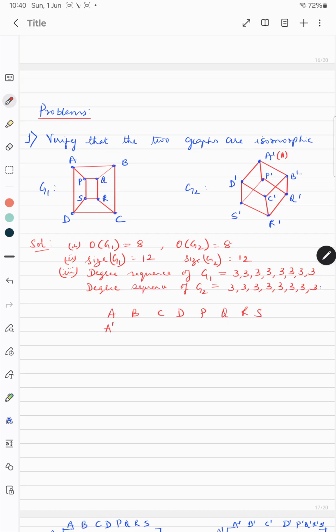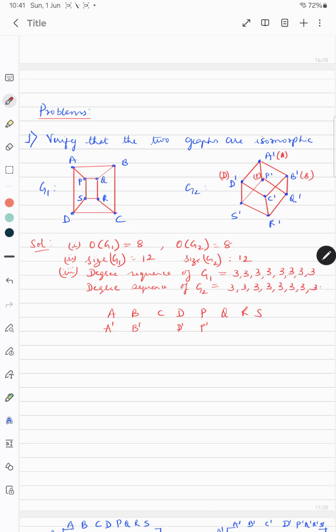So I can easily map B dash to B. B corresponds to B dash, D corresponds to D dash, and P corresponds to P dash. So there is a one-to-one correspondence between B dash, D dash and P dash.